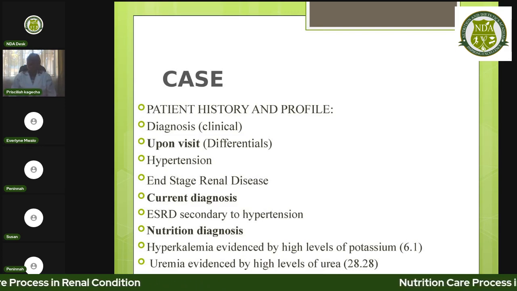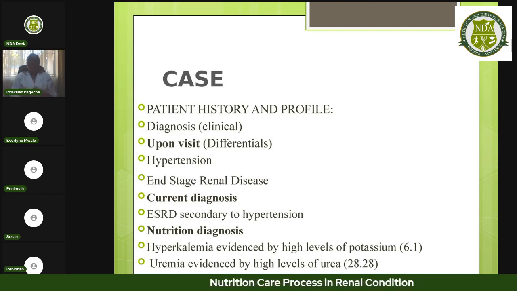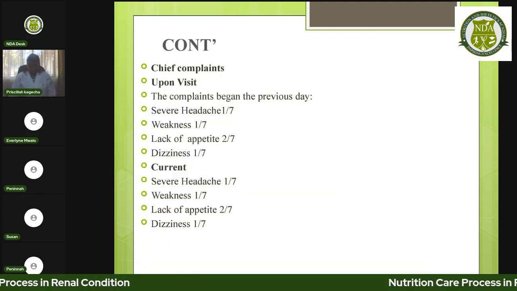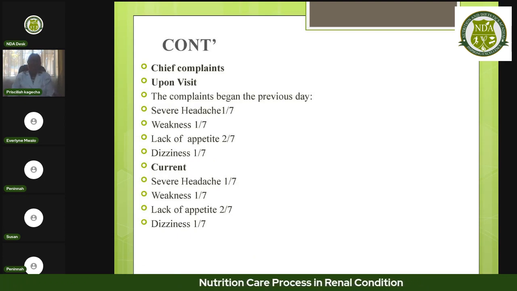And when the vitals were taken, the BP was quite high, 206/110. The patient reported that he had not eaten anything that morning, and the last meal that was taken was dinner.